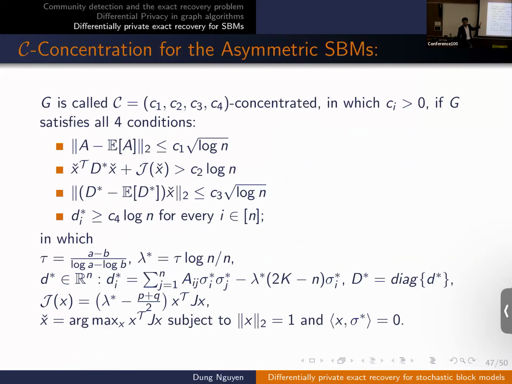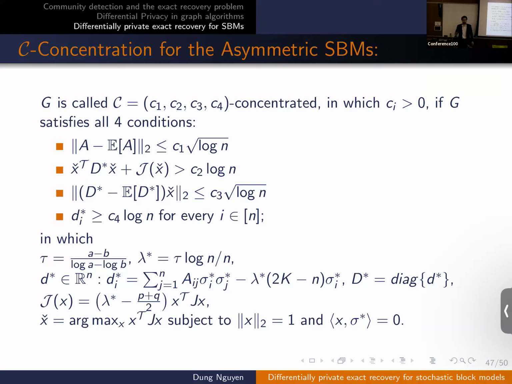And then this is what we have to do to construct C concentration for asymmetric. Basically, except for the first condition, it's very difficult to explain in human language what the meaning of the condition is.